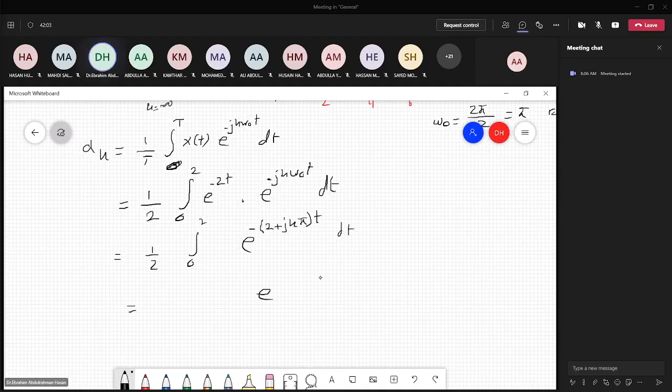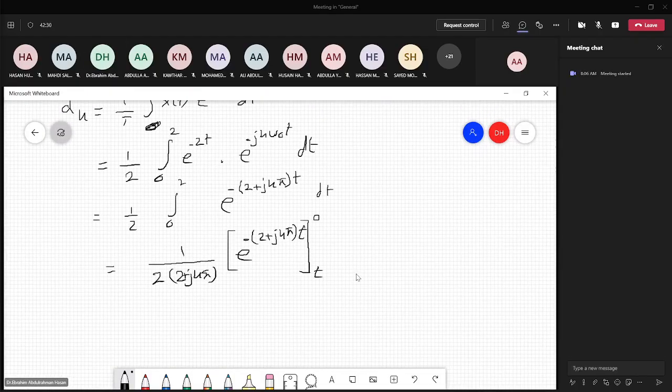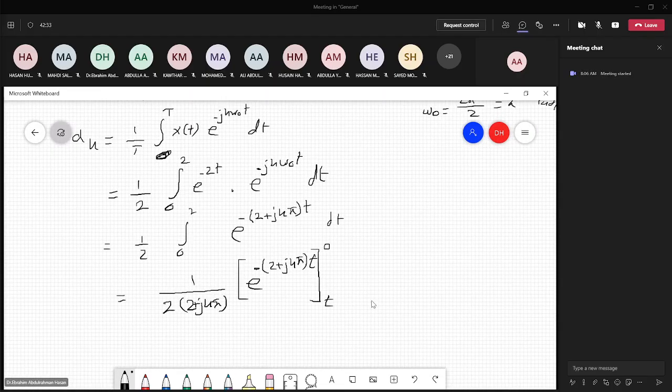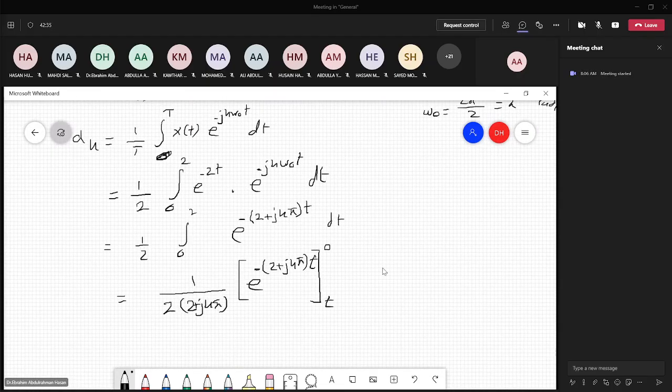So it is equal to e to the power of minus 2 plus jk pi, divided by 2 plus jk pi, and here 1. We have a minus also, evaluated from 0 to 2.